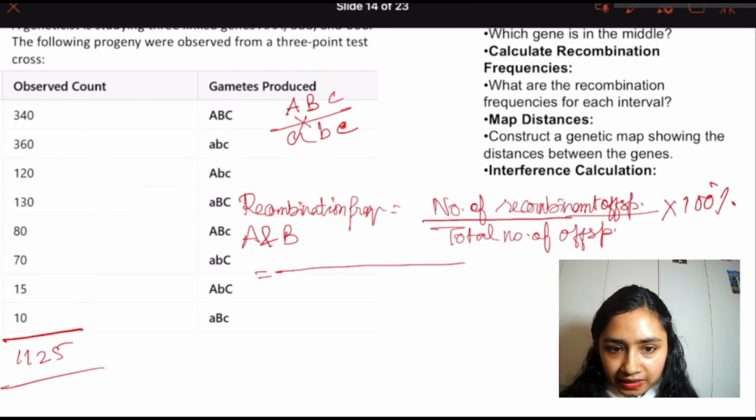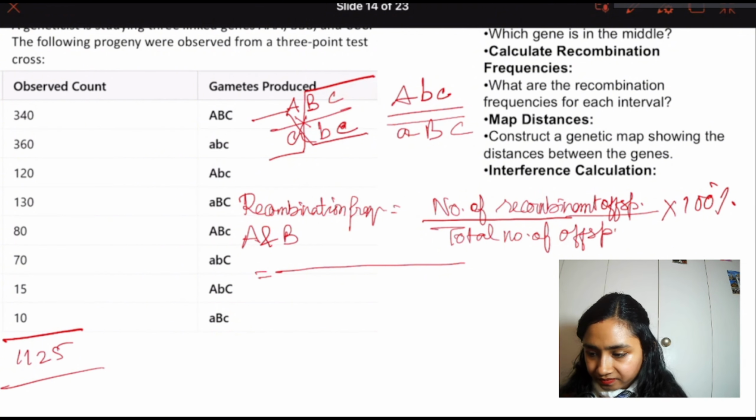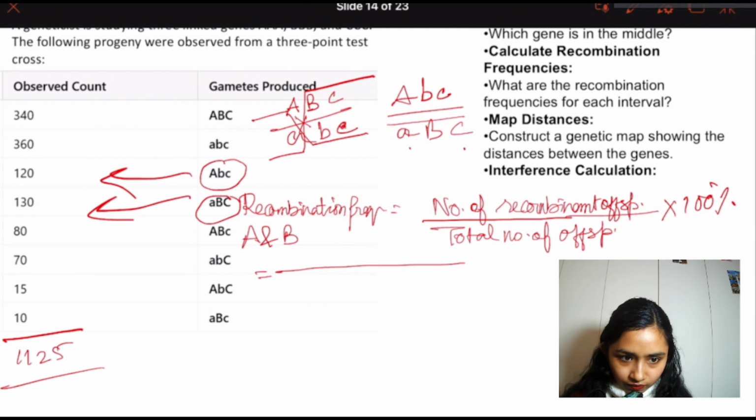If I do a single crossover event, capital A comes with small b, small c, and in the down, small a comes with capital B, capital C. So find here where it is capital A, small b, small c, and small a, capital B, capital C. So this is the single crossover gametes between A and B.